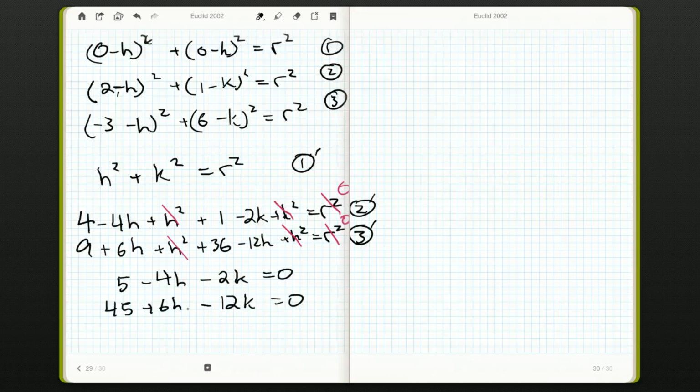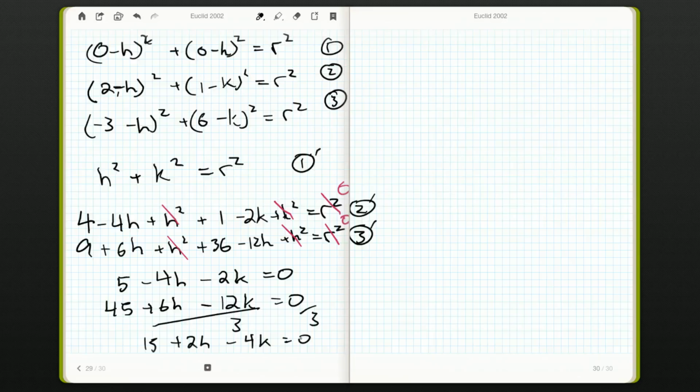So one of the first things I know, I can divide the second equation by 3, and I'll get 15 plus 2h minus 4k is equal to 0. And what else do we want to do here?